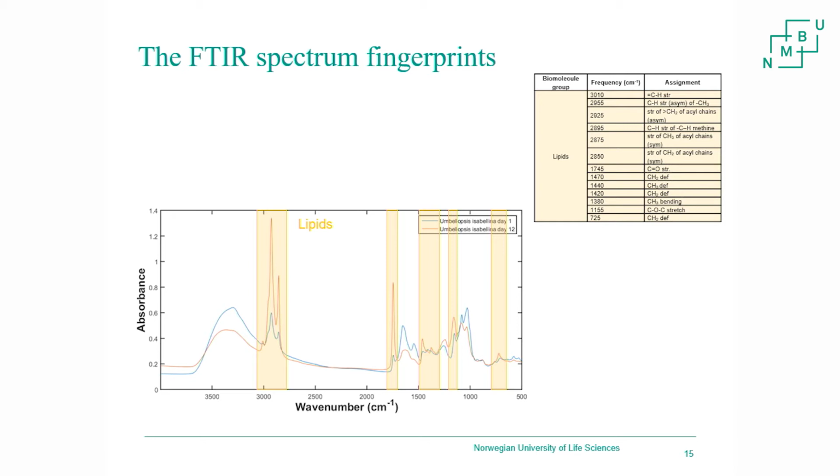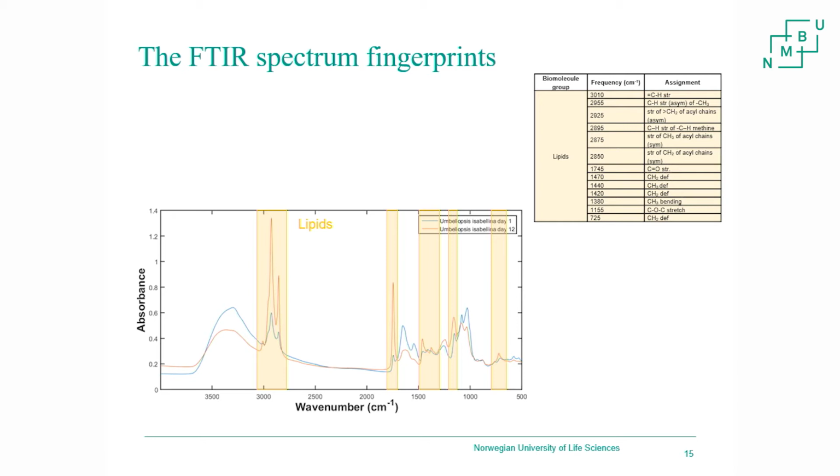On different regions marked with orange color, as you can see on the slide, you see all peaks related to the lipids. I would like to draw special attention to the area between 3000 and 2800.